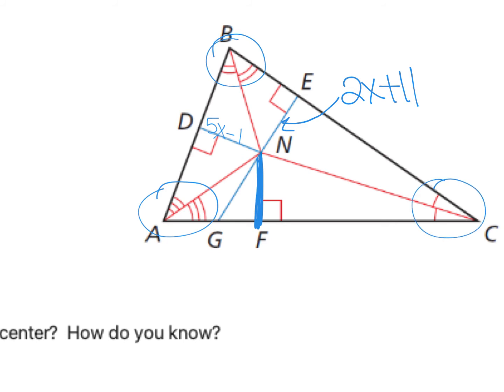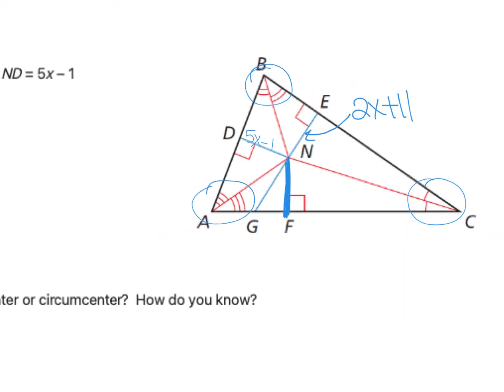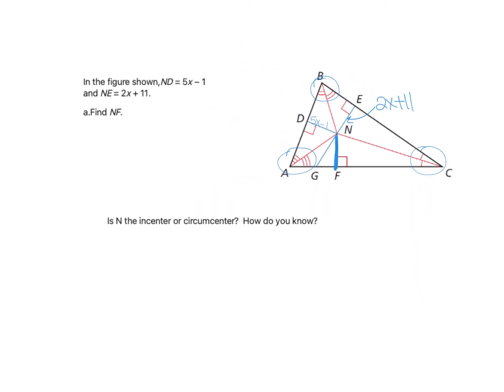So that tells me I'm talking about the incenter of that triangle. And what we just learned on the previous slide is that the incenter is the same distance to the sides. So we know those three blue lines here are all going to be equal, which means we can say that 5x minus 1 equals 2x plus 11.